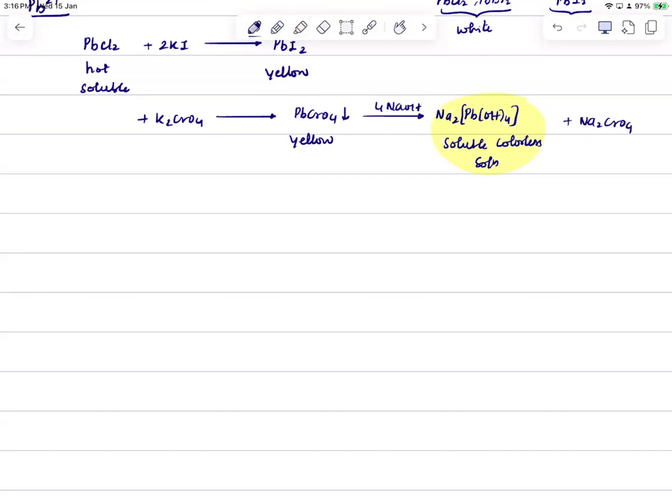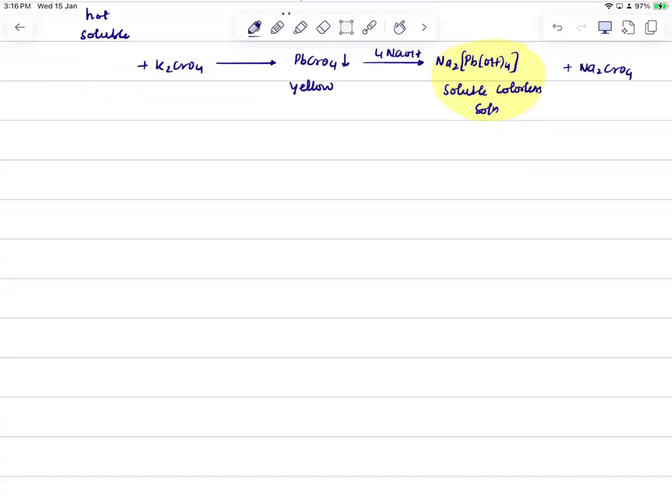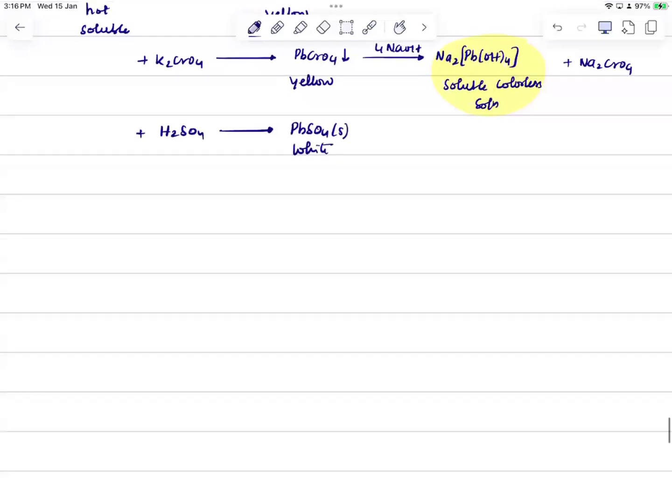Next, if you treat this with H2SO4, you will get PbSO4, a white precipitate. If this white precipitate is treated with 4 moles of ammonium acetate, you again get a soluble complex formation, just like above.